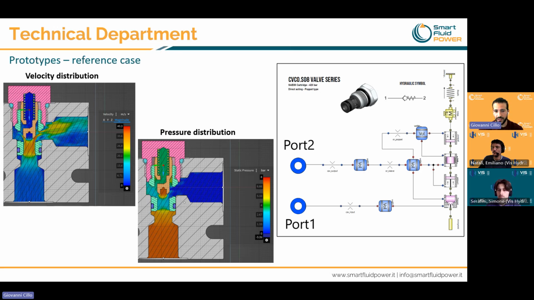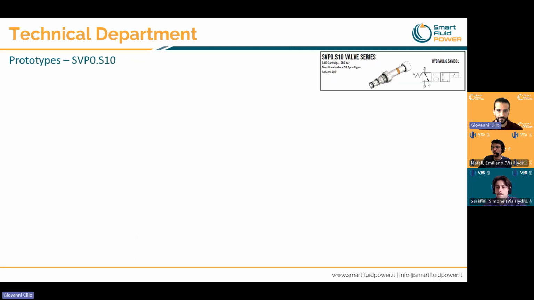The latter in particular is useful for model calibration, especially for determining the discharge coefficients of orifices equivalent to the geometric flow paths of the component when installed in its cavity. An analysis of this type makes it possible to take design decisions with greater awareness.